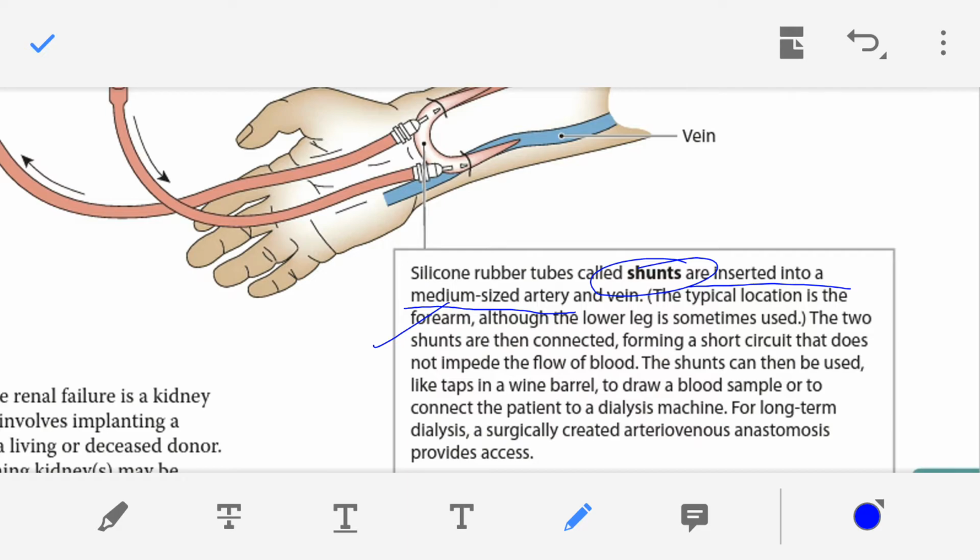Sometimes a lower leg is also used. Now the two shunts are connected, and both the shunts form a short circuit, so that it does not impair the flow of blood.